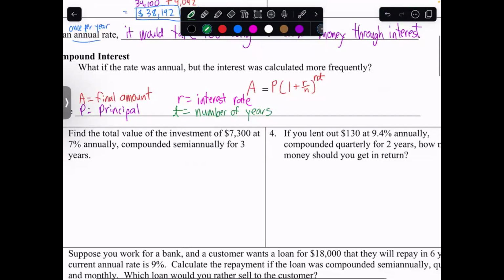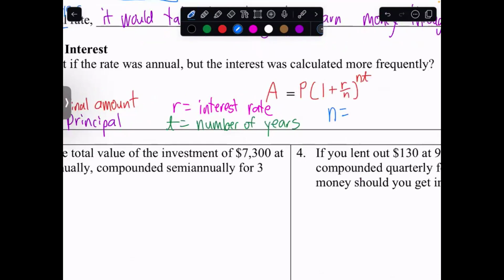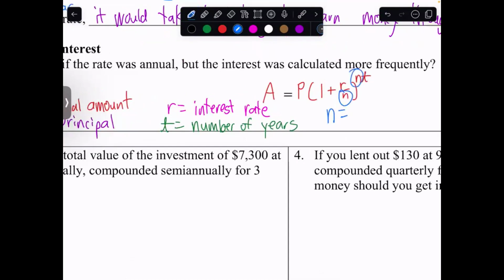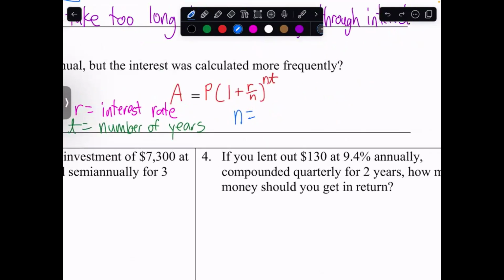Okay, so the new one is n. And you notice that n shows up twice in the formula. So that's how it's supposed to be. So whatever n is, you will place into two different spots in your equation. Okay, so n represents the number of times per year that interest is compounded.